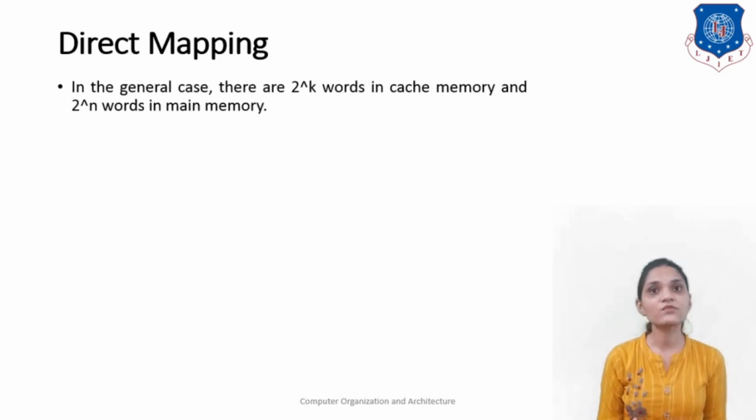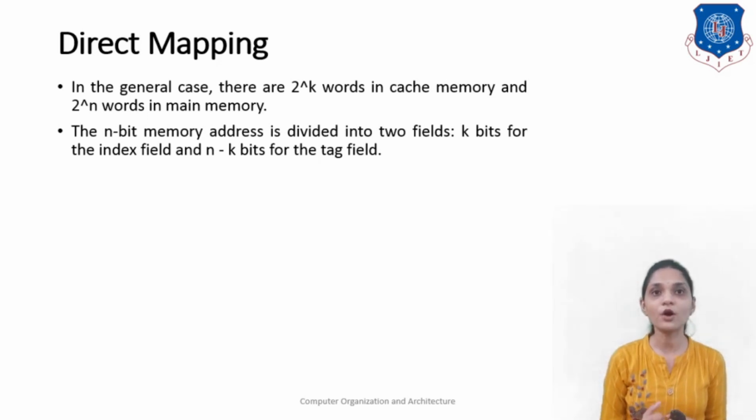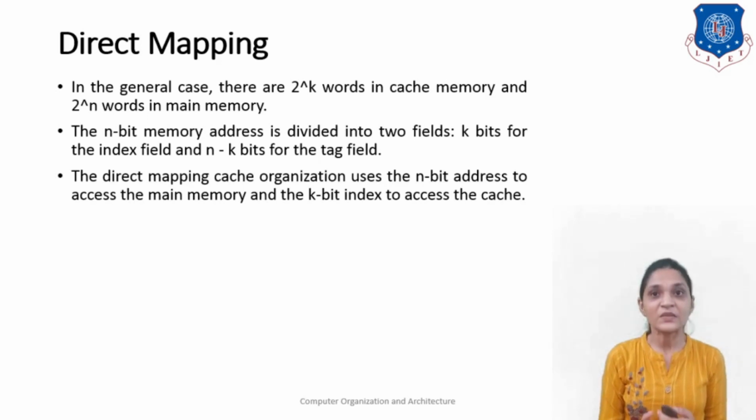In the general case, if there are 2 raised to k words in the cache memory and 2 raised to n words in the main memory, then the n-bit memory address is divided into two fields: k bits for the index field and n minus k bits for the tag field. So here our tag will be 6 bits and the index field will be 9 bits.